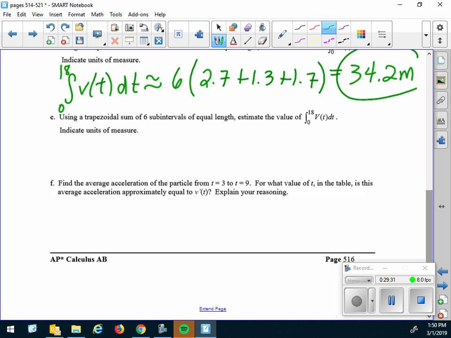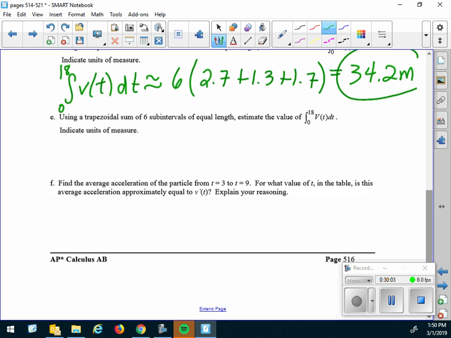Find the average acceleration of the particle from t equals 3 to t equals 9. I need you to think about this for a minute. If I find average velocity, what do I do? The change in position divided by the change in time. So average acceleration would be change in velocity over change in time, right?